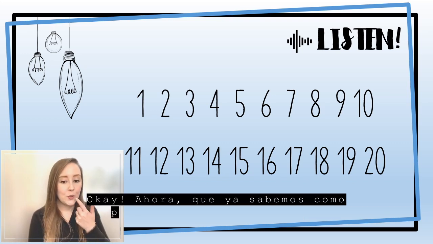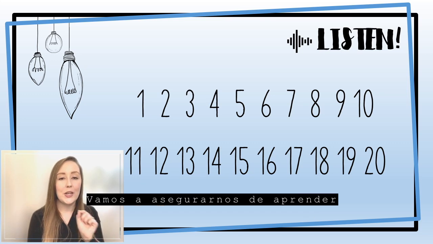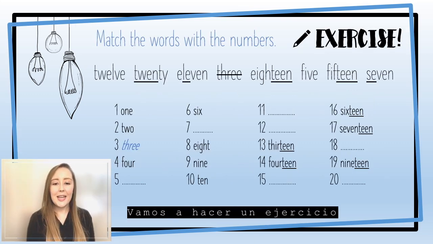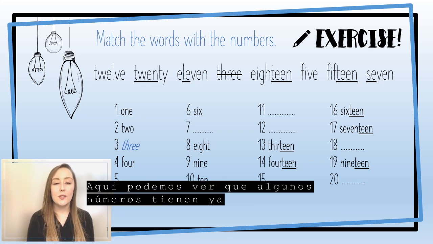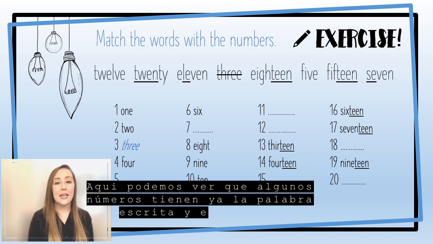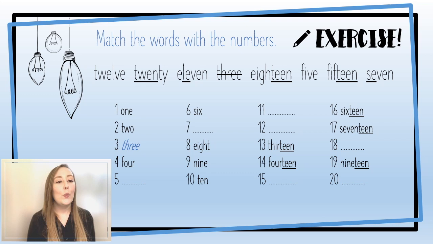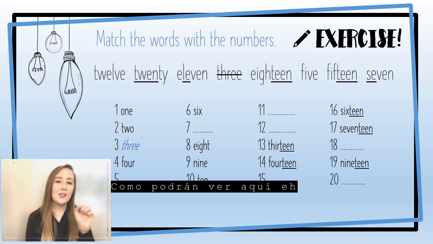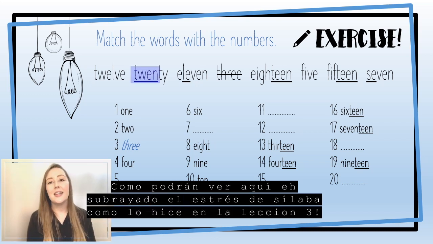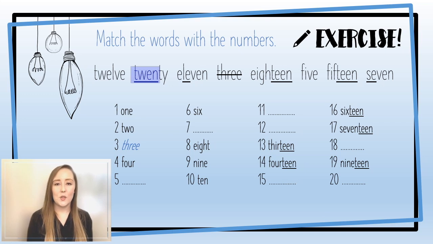Okay, now that we know how to pronounce the numbers, let's try an exercise. So here you can see the written words, and some numbers are missing their written counterpart. We have 12, 20. You can see here I've underlined the stressed syllable as I did in lesson 3. 20, so twen is the strong syllable. 11, 13, 18.